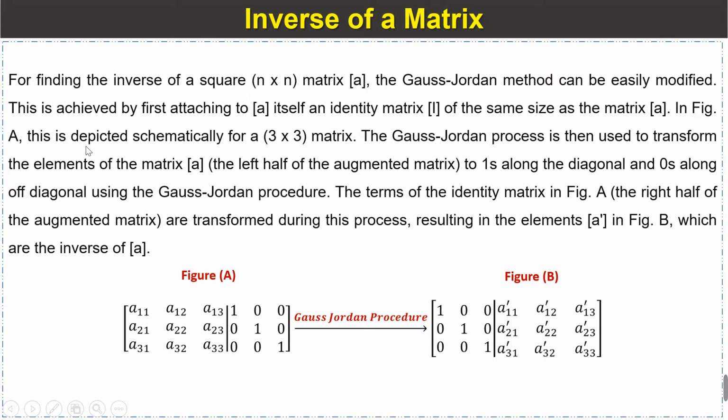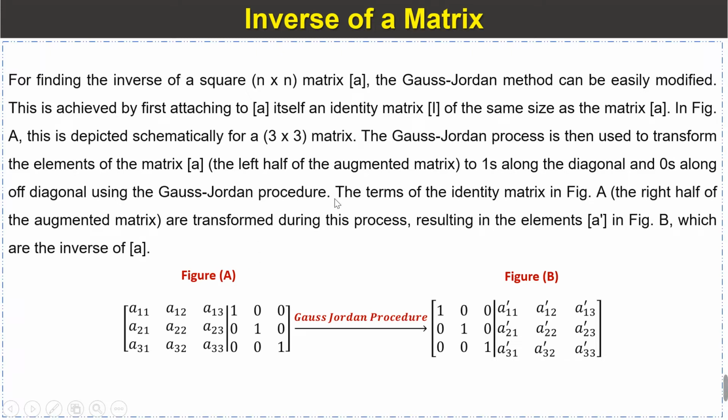This is depicted schematically for a 3 cross 3 order matrix, and the Gauss-Jordan process is then used to transform the elements of the matrix. We apply the Gauss-Jordan method on the left side of the augmented matrix, and we will make all the elements ones along the diagonal and zeros off the diagonal using the Gauss-Jordan procedure.